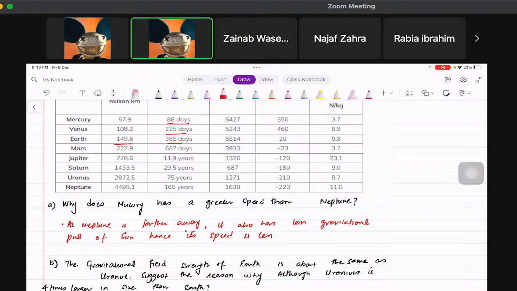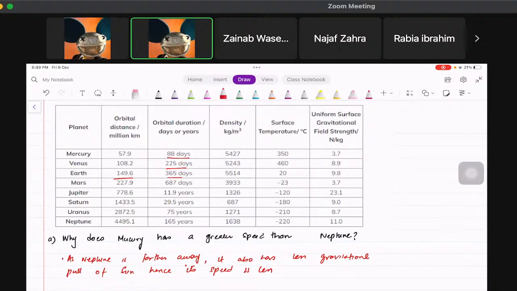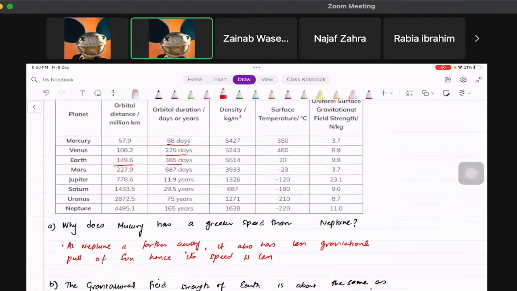It's basically gas, because it's a gaseous planet. So it's big in size, but the mass is small. Density shows it. Uranus has 1271 and Earth has 5514. Do you see the difference?